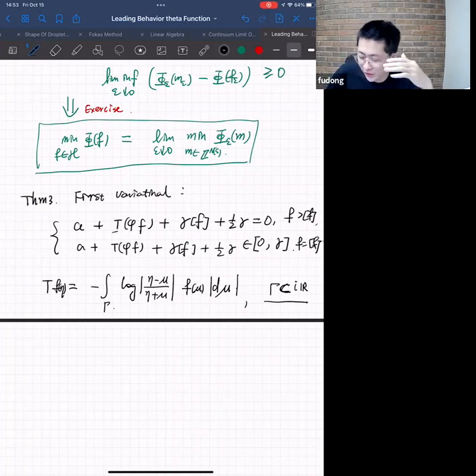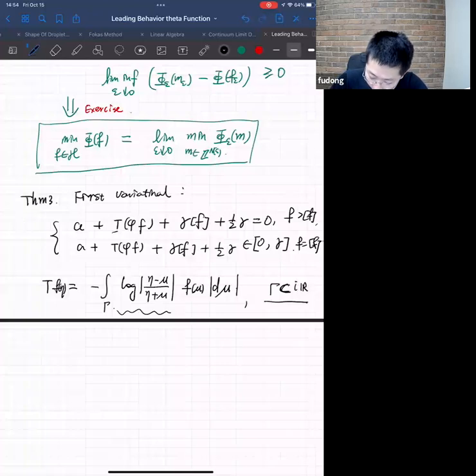For KdV, gamma is the real line. But for the focusing nonlinear Schrödinger equation, it will not be the real line. But that just gives you the flavor of the problem. So now it involves the logarithm potential, and we also have the classic problem.